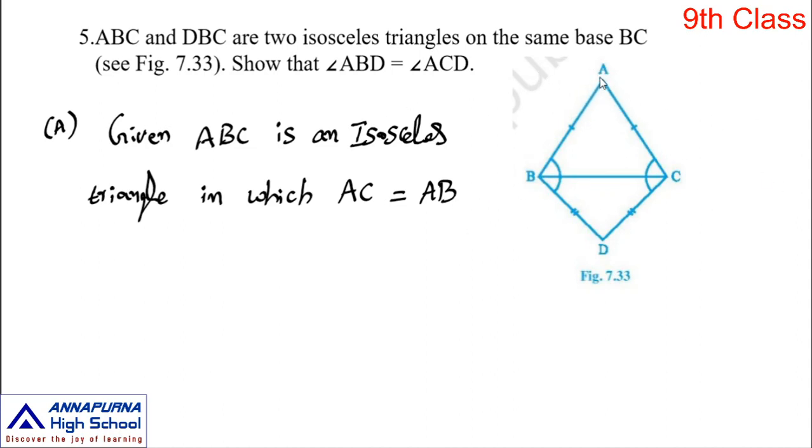The angle opposite to side AC is angle ABC. Angle ABC is equal to the angle opposite to side AB, which is angle ACB.